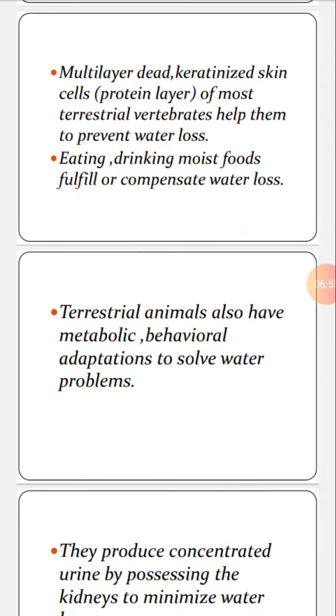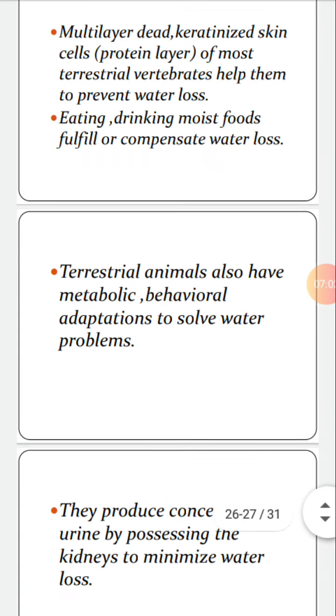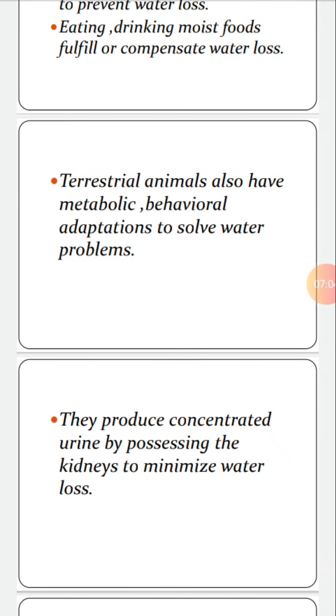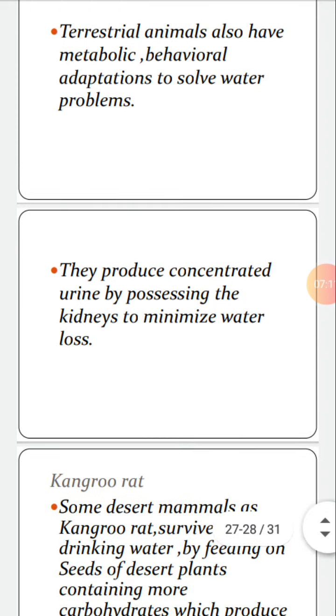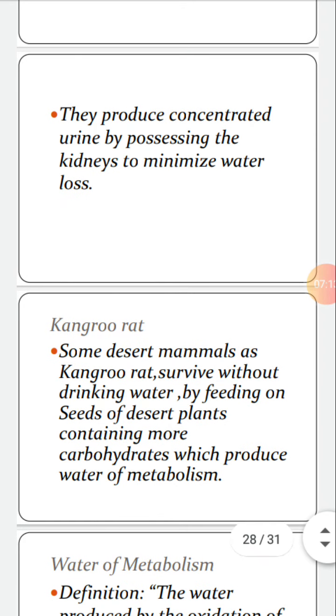Terrestrial animals also have metabolic and behavioral adaptations to solve water problems. They produce concentrated urine by possessing kidneys and minimize water loss. Kangaroo rat. Some desert mammals like the kangaroo rat survive without drinking water, and they feed on seeds of desert plants which contain carbohydrates, and they produce water of metabolism.